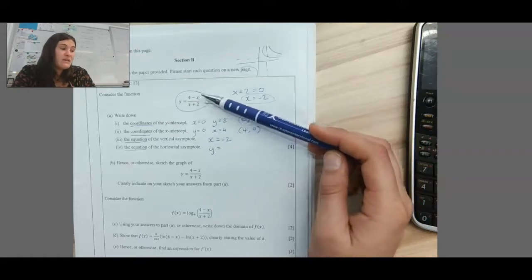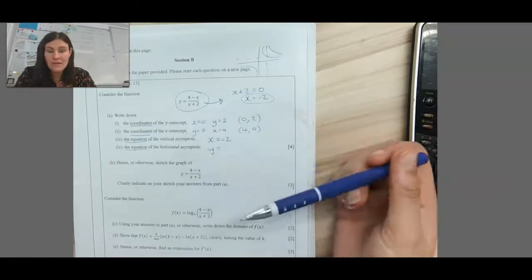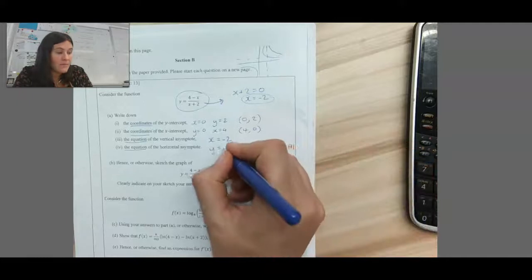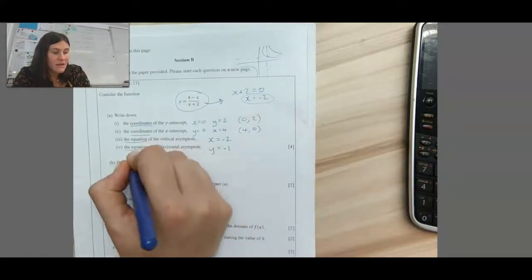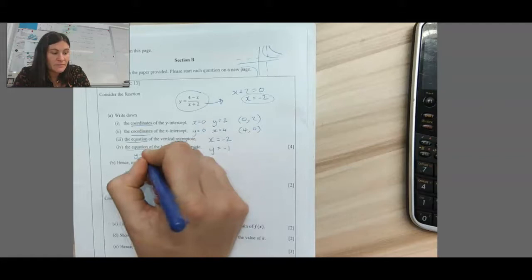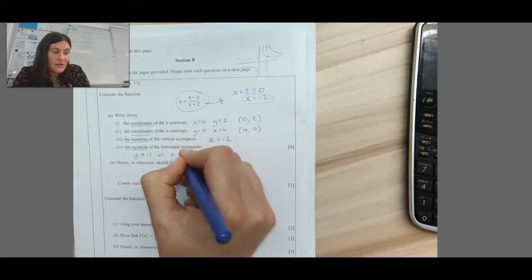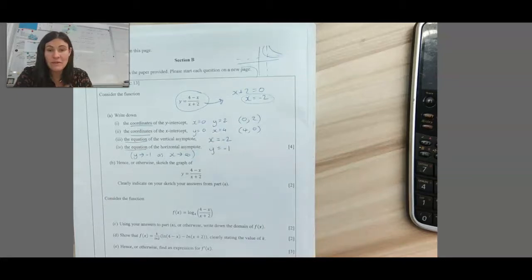So I get minus, say, 1,000,000 over 1,000,000, that's going to cancel out to be minus 1. Okay, so there we're thinking about limits. We're finding the value that y approaches as x tends to infinity. Okay, so there's our equation.